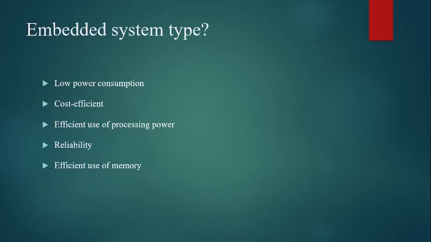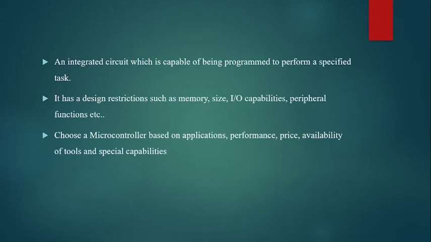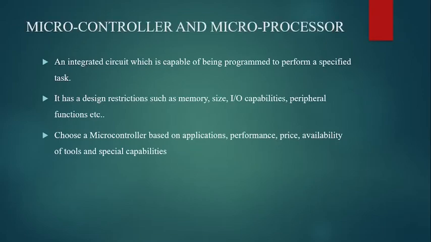Embedded system characteristics: low power consumption, cost efficiency, efficient use of processing power, reliability, efficient use of memory. Microcontroller and microprocessor: an integrated circuit which is capable of being programmed to perform a specified task.